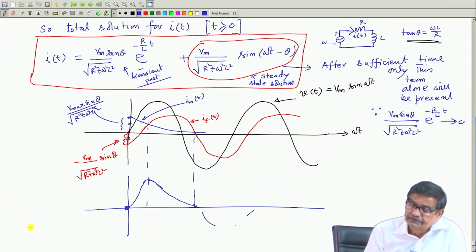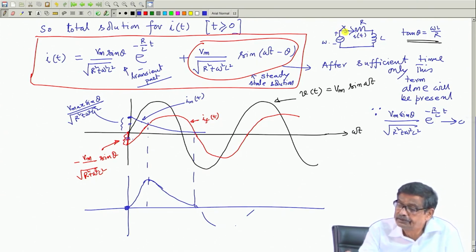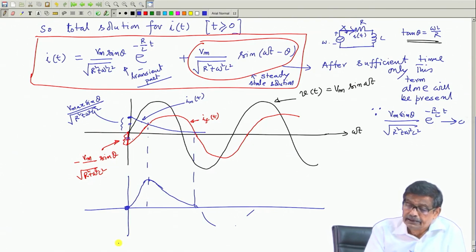The conclusion is, any RL circuit you suddenly switch on with the help of a switch, then the response of the current will comprise of two parts, but sum of these two at t equal to 0 has to be 0, it has to start from 0, and there is an exponential term which will appear, and that will go down to 0, and finally, it is the steady state solution which will sustain.